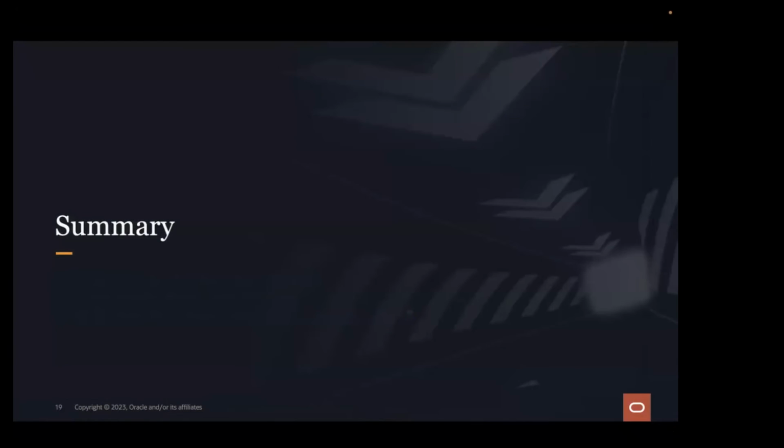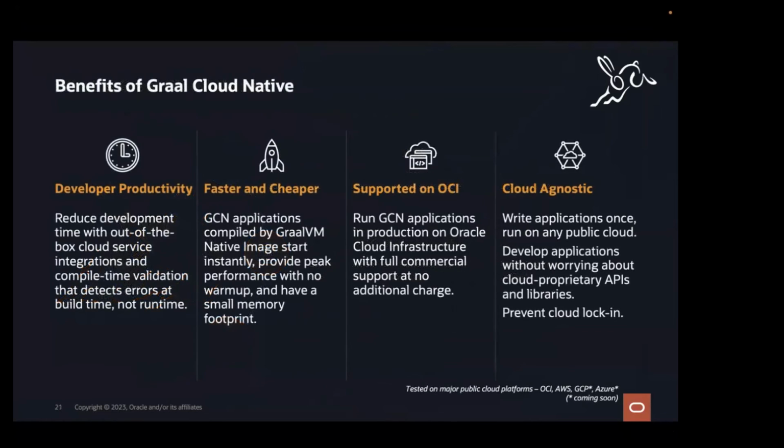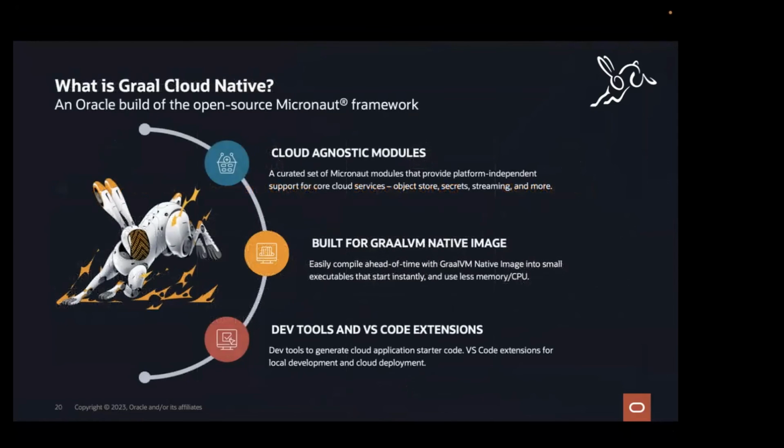I'm going to resources, just to give you a flavor. Well, let's go back a section just to remind you of what GraalVM Cloud Native is. It's a curated set of cloud agnostic modules for Micronaut. So they abstract away the cloud and let you easily work with AWS, OCI, and in the future Azure and GCP from Micronaut code using GraalVM Cloud Native. It's built to be targeting GraalVM native image.